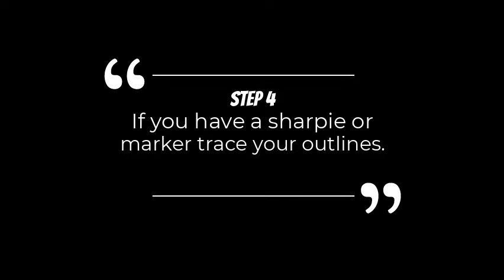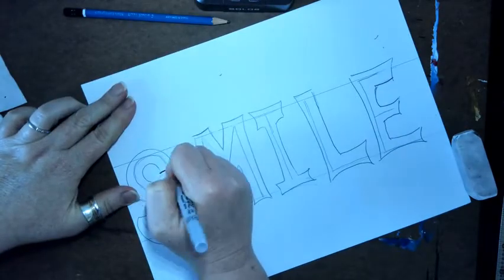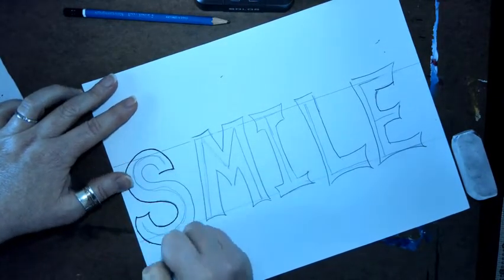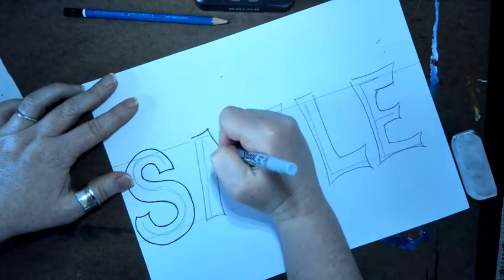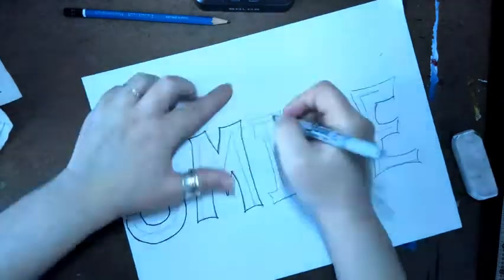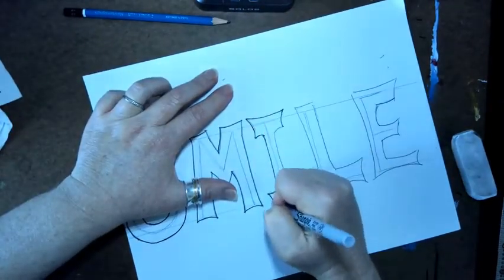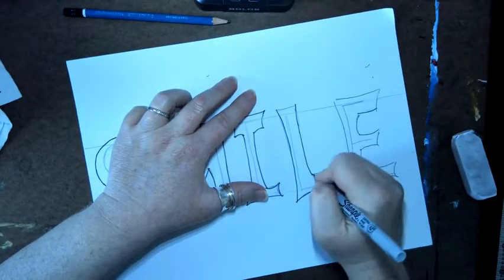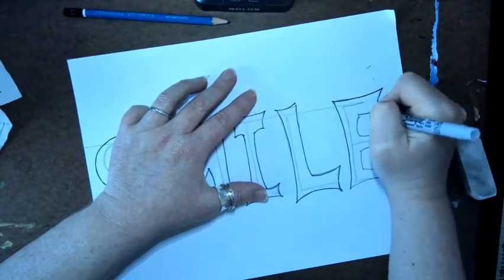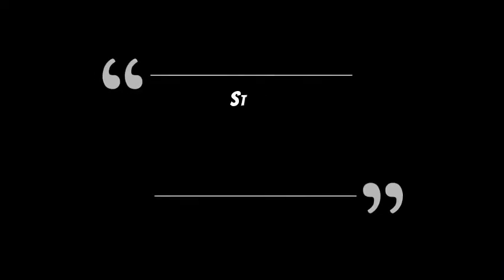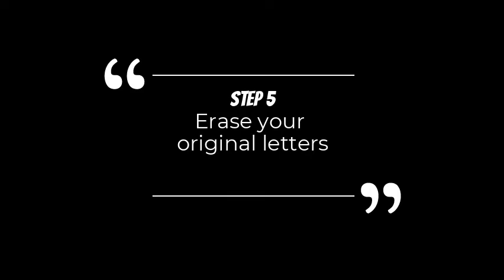If you don't have a Sharpie or marker, you can darken your lines with a pencil. Step 5, erase your original letters.